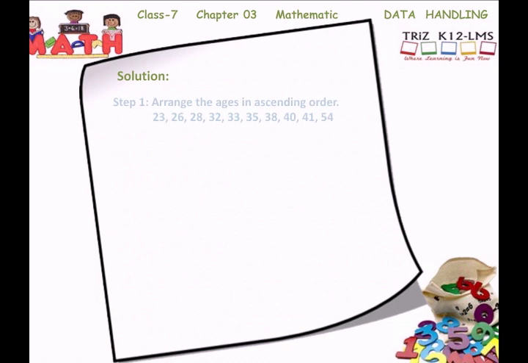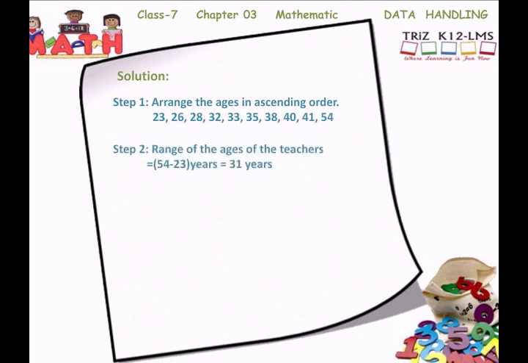Solution. Step 1. Arrange the ages in ascending order: 23, 26, 28, 32, 33, 35, 38, 40, 41 and 54. Step 2. Range of the ages of the teachers is equal to 54 minus 23 years, which is equal to 31 years. Step 3.